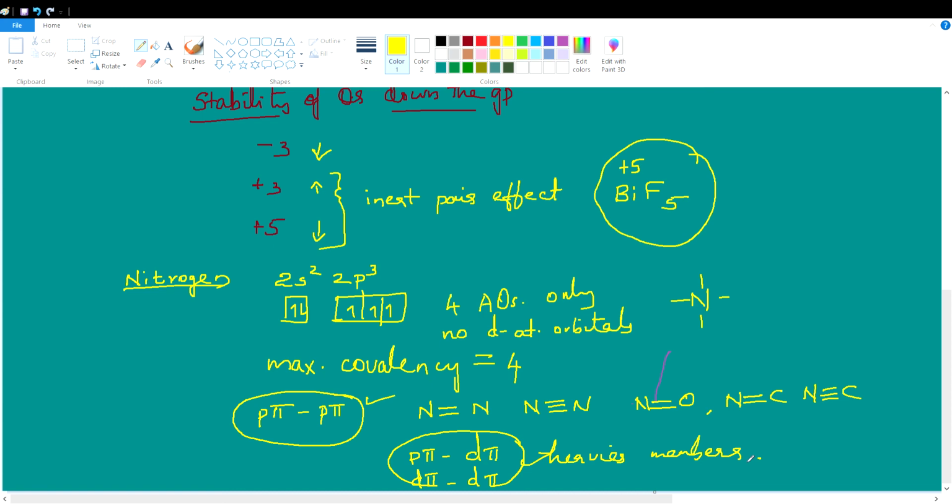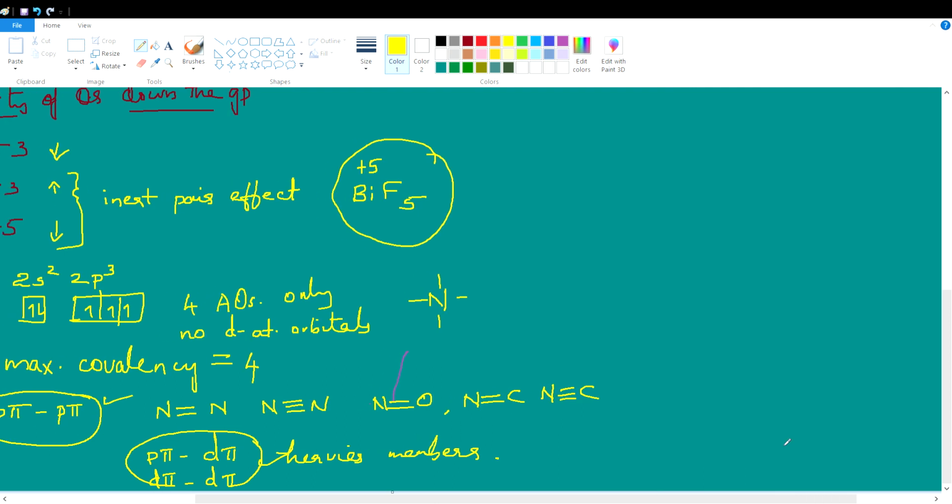If you compare the single bond strength between nitrogen atoms with the single bond between phosphorus atoms, we see that the nitrogen single bond is weaker than the phosphorus single bond. This is stronger.